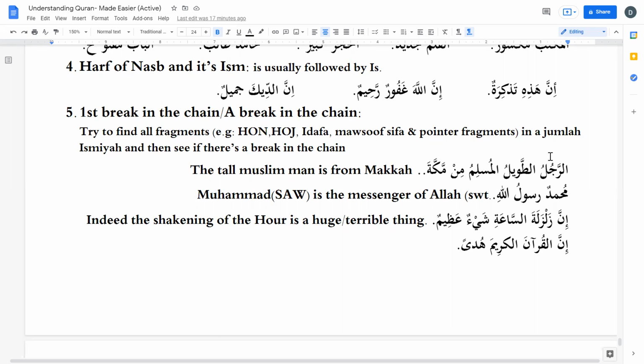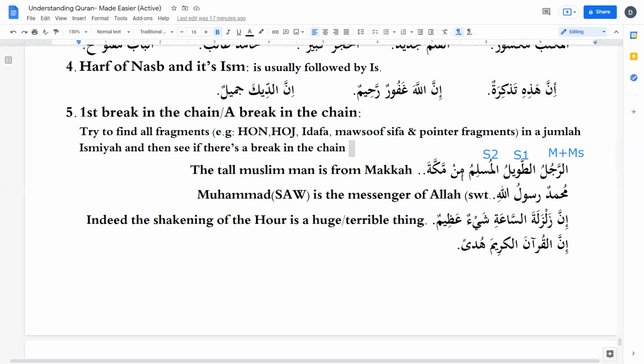So this is, let me take the text over here, and ar-rajulu is mubtada plus mawsuf, right? Then at-tawilu is sifa 1, al-muslimu is sifa 2. Now min, harf.